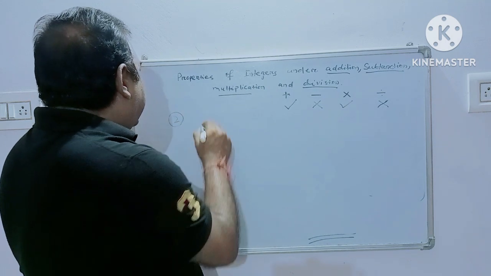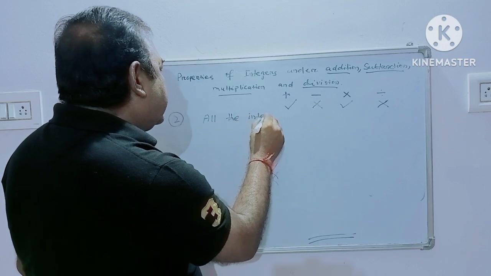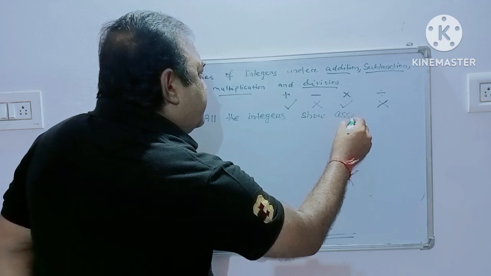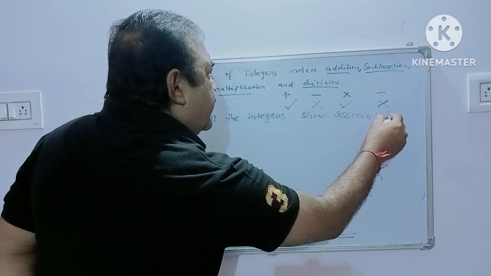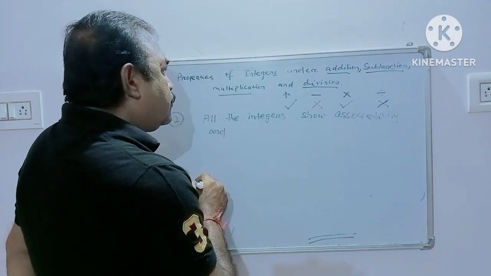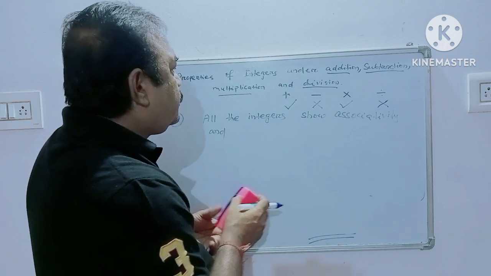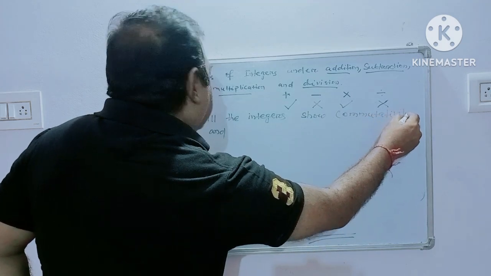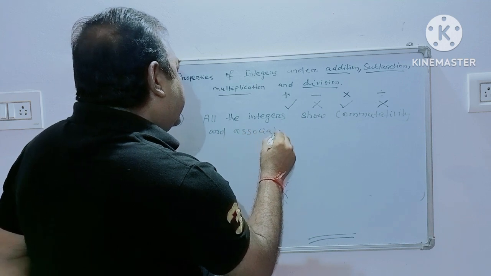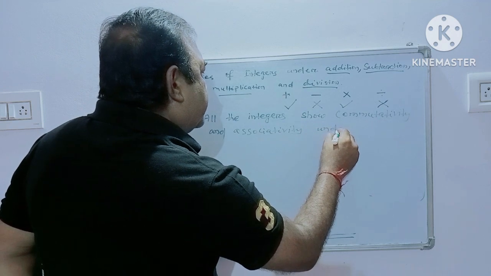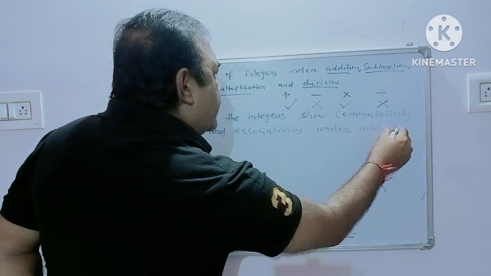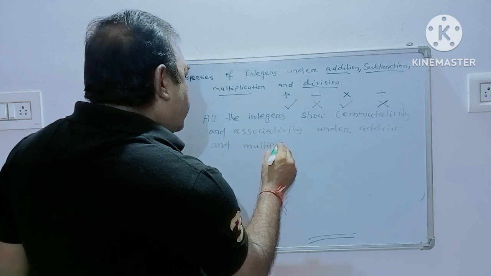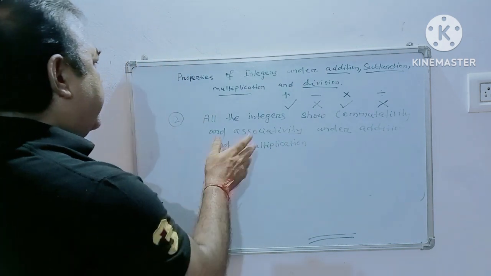And second point, you remember all the integers show commutativity and associativity under addition and multiplication. Okay, so you will remember, it will be easier for you.